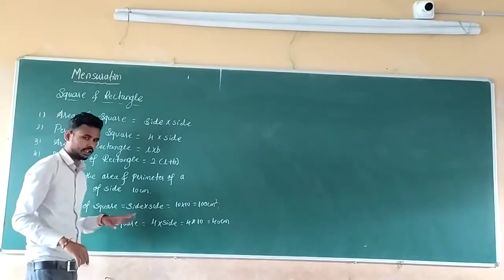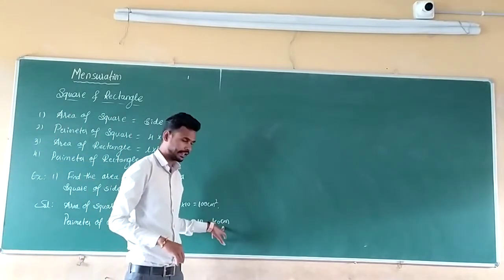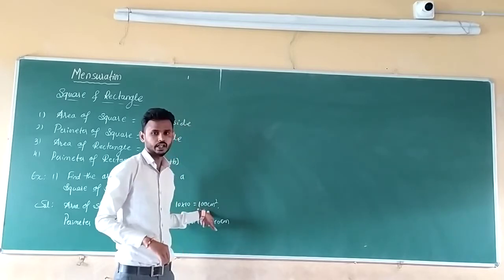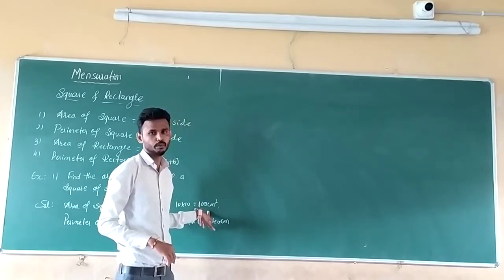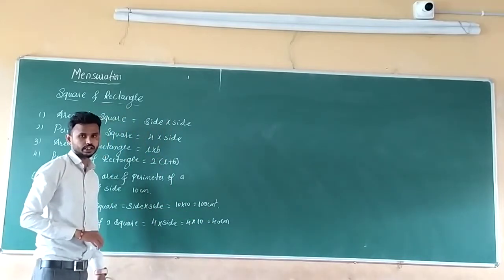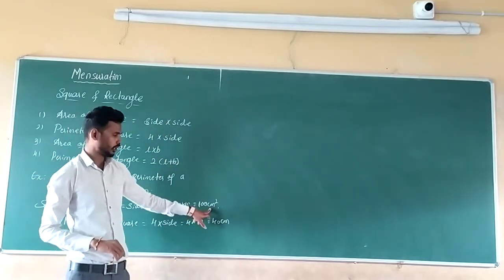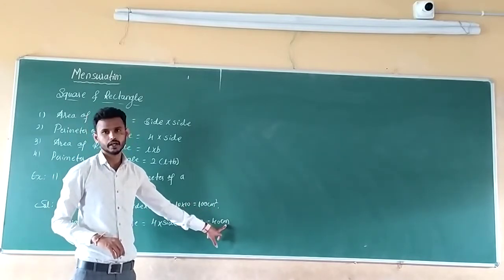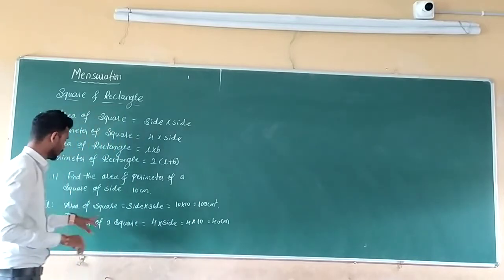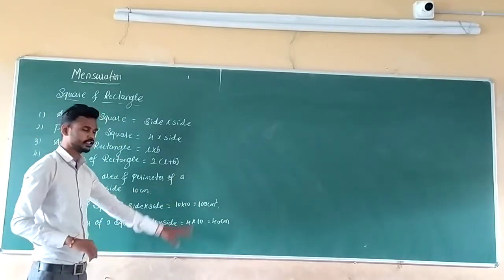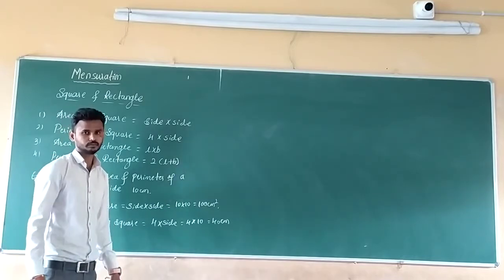The perimeter is in units like centimeter, meter, kilometer. But the area unit should be square units, meaning centimeter square, meter square, kilometer square. So the area of a square is 100 centimeter square and perimeter of the square is 40 centimeter.